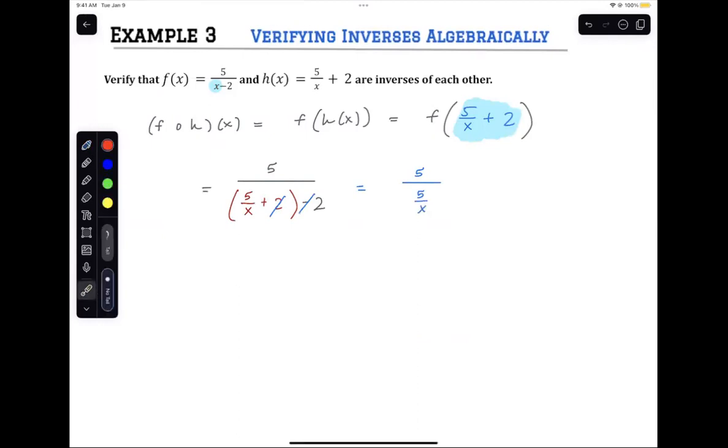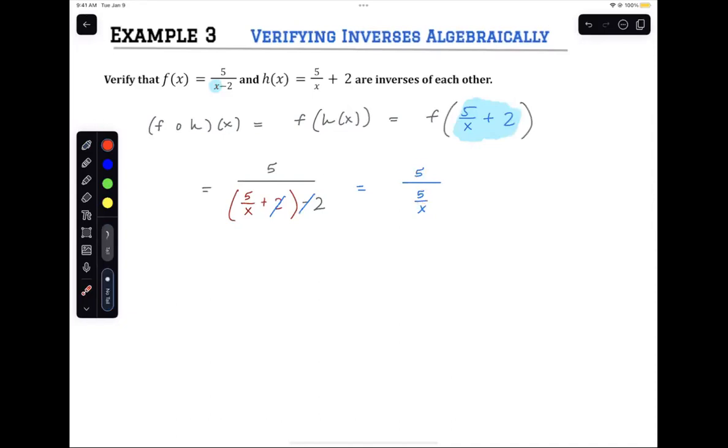x. So this is what we call a complex fraction because we have a fraction inside of a fraction. All this is saying is 5 divided by this fraction. So I want to divide fractions. The rule for fractions is you're going to change this to multiplication and then do the reciprocal of this guy.